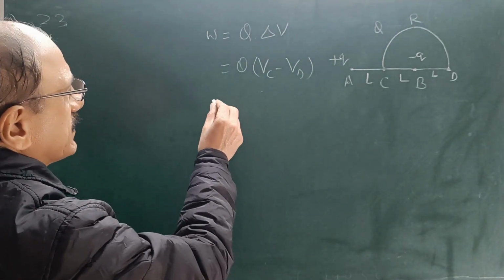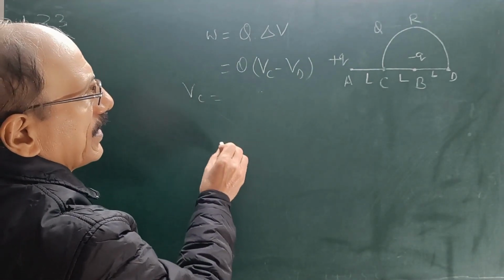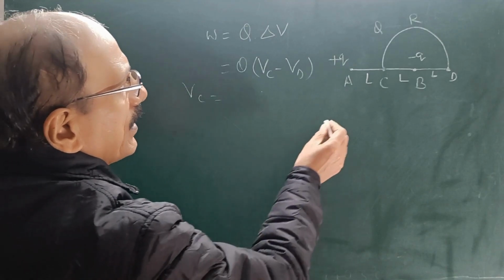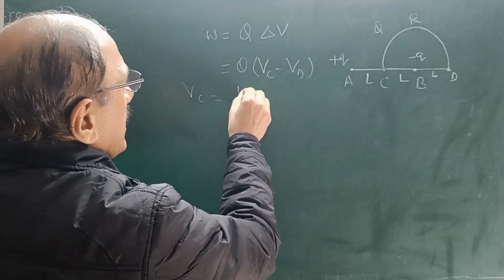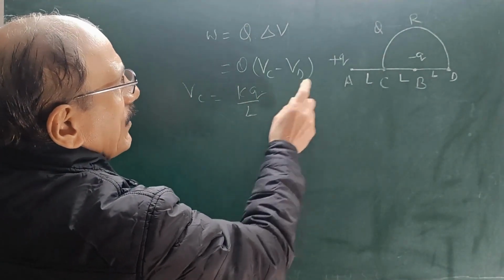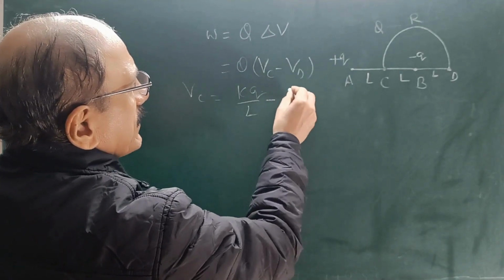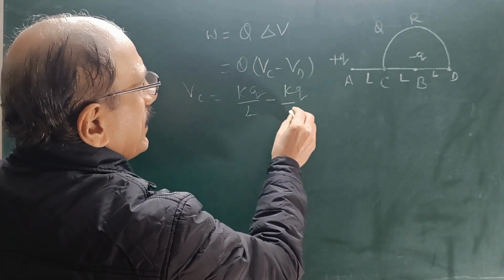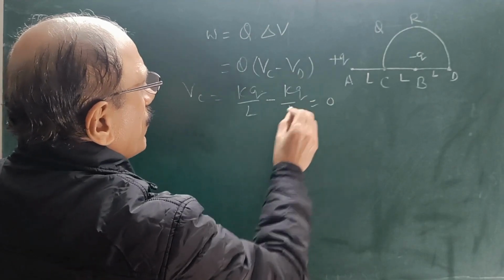So as far as VC is concerned, VC will be kQ by L due to this, minus kQ by L, which is 0.